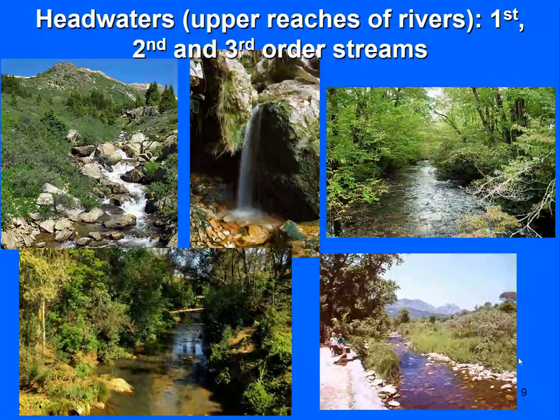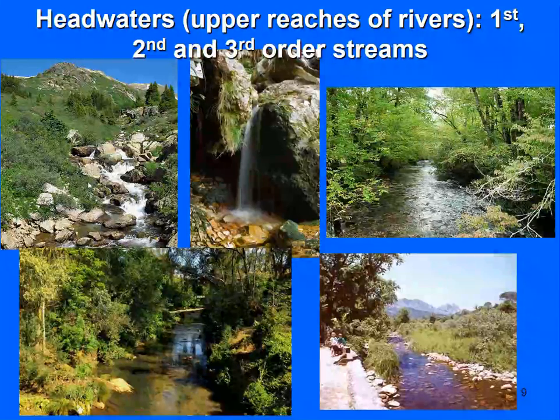Okay, now what else can we see here? So let us go to those 2 very important processes that I talked about, photosynthesis and decomposition. Let's look at photosynthesis. What do we think would happen here with photosynthesis? Now, one of the things that you'll note here is that for most of these streams, there's quite a lot of vegetation on the banks of the streams, but nothing really in the water.